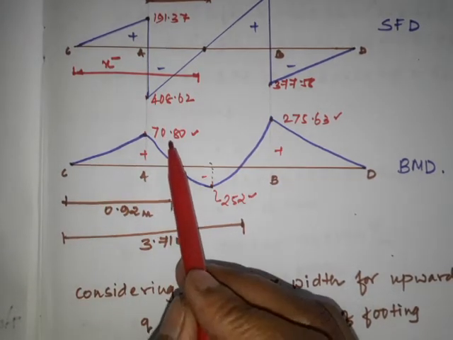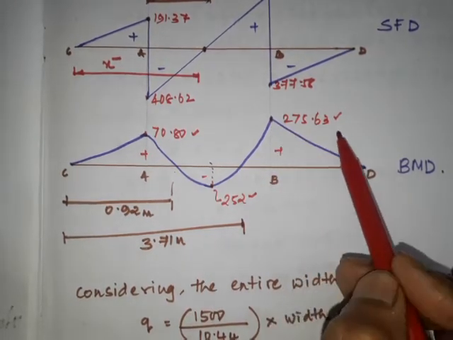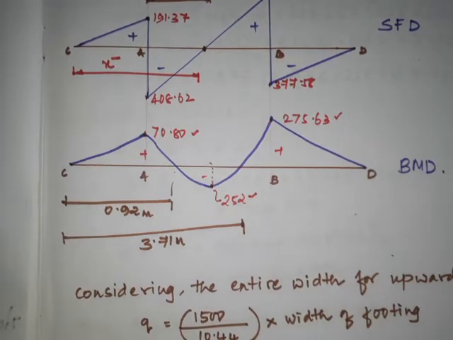We have the maximum bending moment under column B, that is 275.63 kilonewton meter. I'll use that for the calculation of depth.